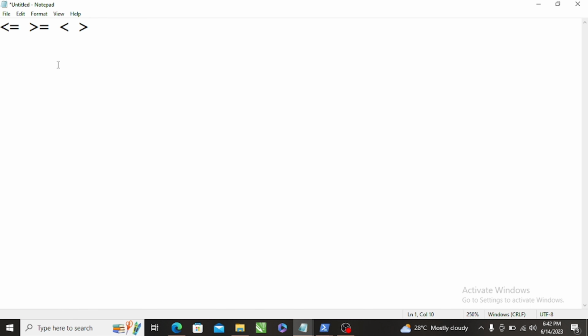For example, 4 is greater than 5, right, which is correct, and then we can have 5 is less than 17, right? So 4 is greater than or equal to 3 plus 1, right? So it's equal to it. So we can have all these things, and that's that for that.